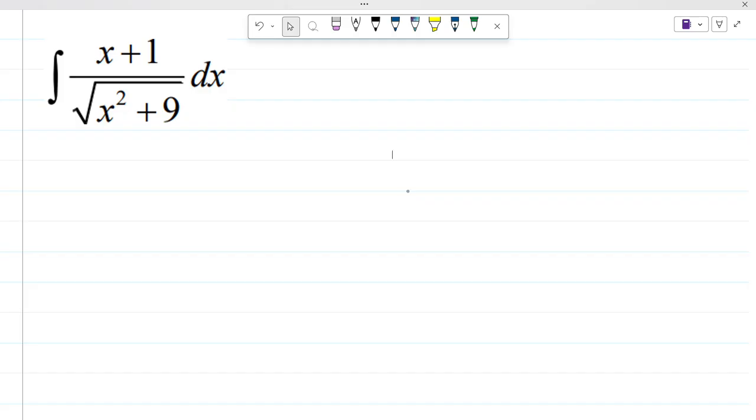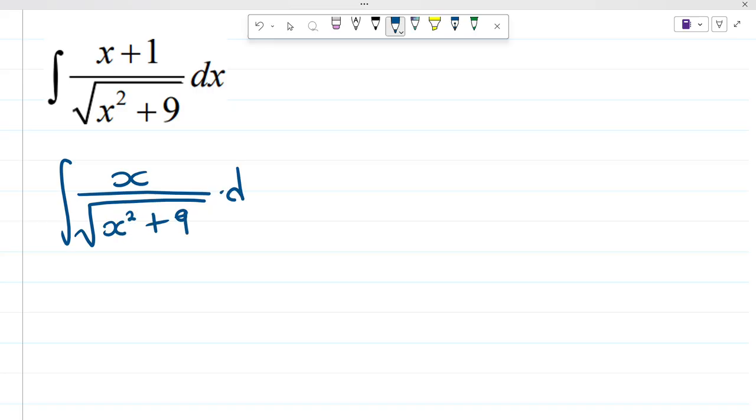So I'm going to say the integral of x divided by the square root of x squared plus 9 dx, plus the integral of 1 divided by the square root of x squared plus 9 dx.